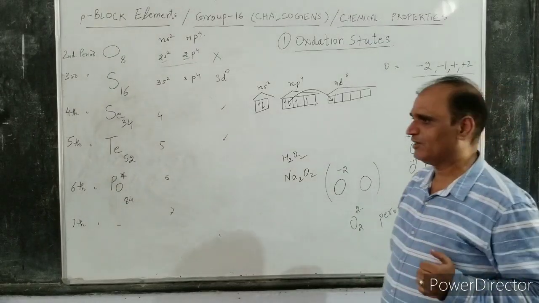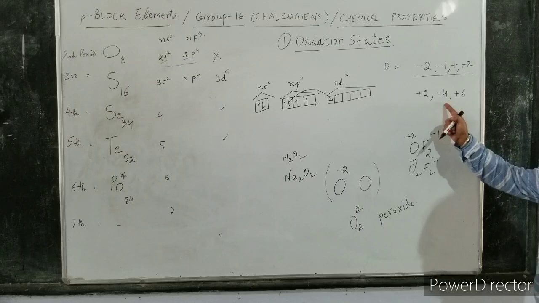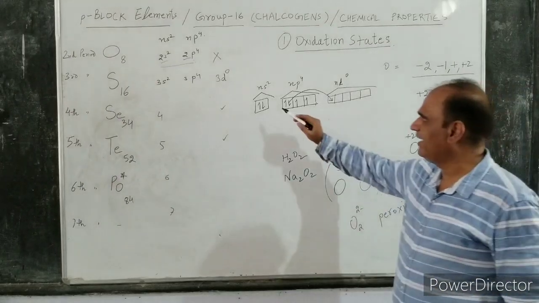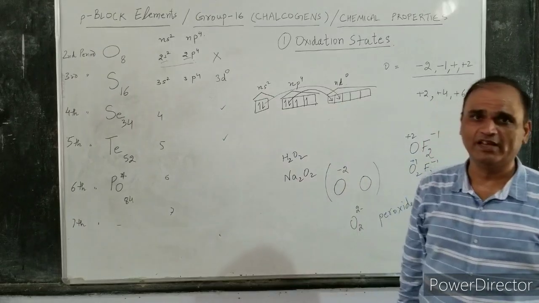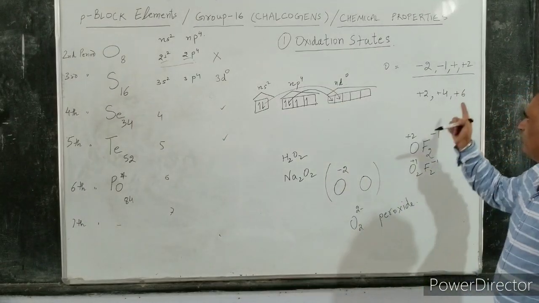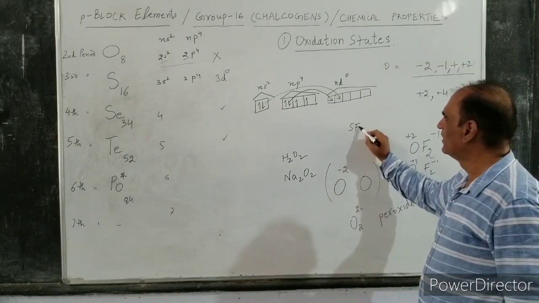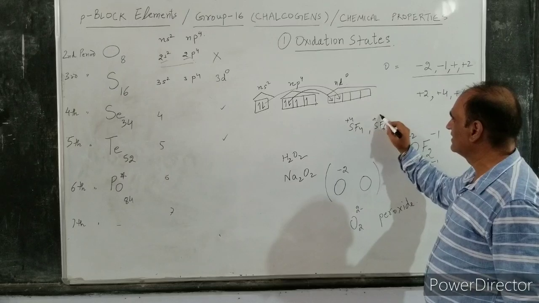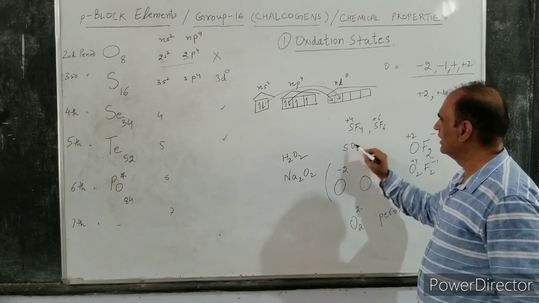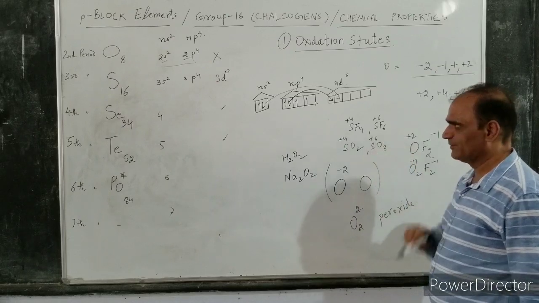When these 4 electrons are shared, the state will become +4. Similarly, in second excited state, when this electron jumps here by gaining energy, it will show +6. Compounds like SF4, sulfur is +4, SF6, sulfur is +6, SO2, sulfur +4, SO3, sulfur +6.